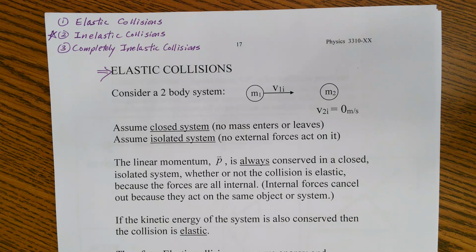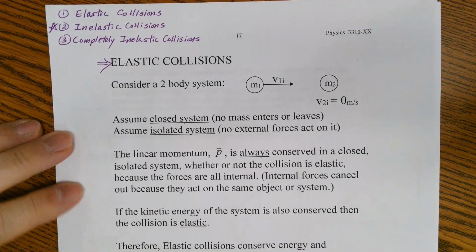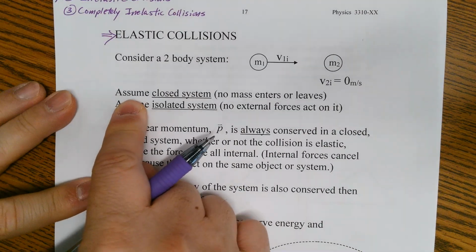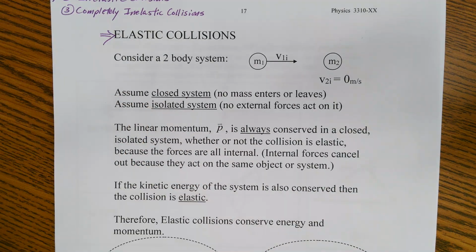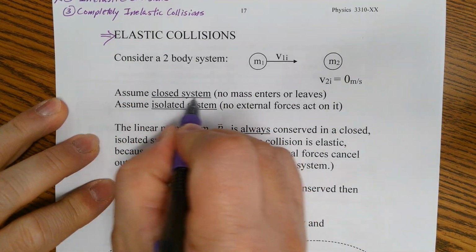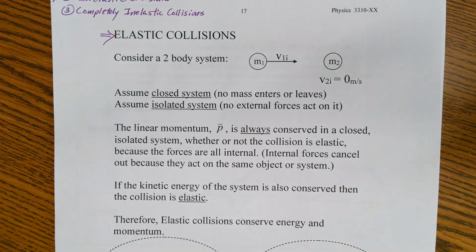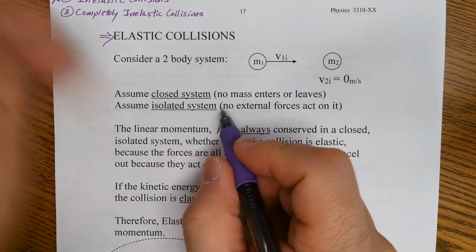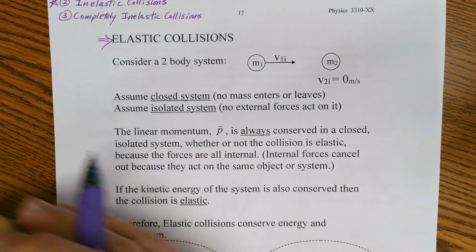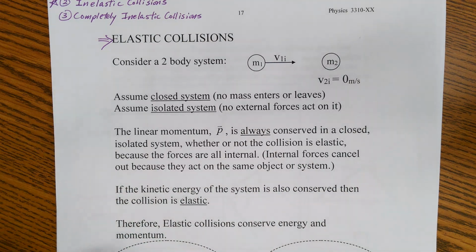Now, for elastic collision, there are certain characteristics that we can talk about. First of all, when collisions happen, it has to be a closed system. That means there's no mass introduced into the system or lost from the system.